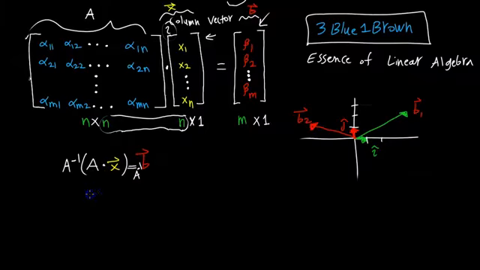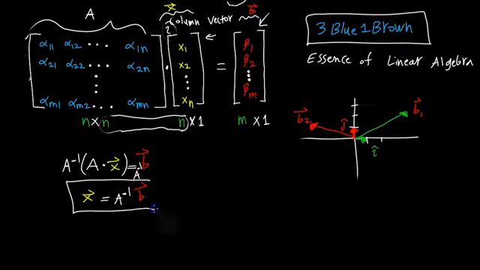So then you would have x equal to A inverse multiplied by B. So this is the way you would find the variable x, or the column vector x, by going back from the operation here.